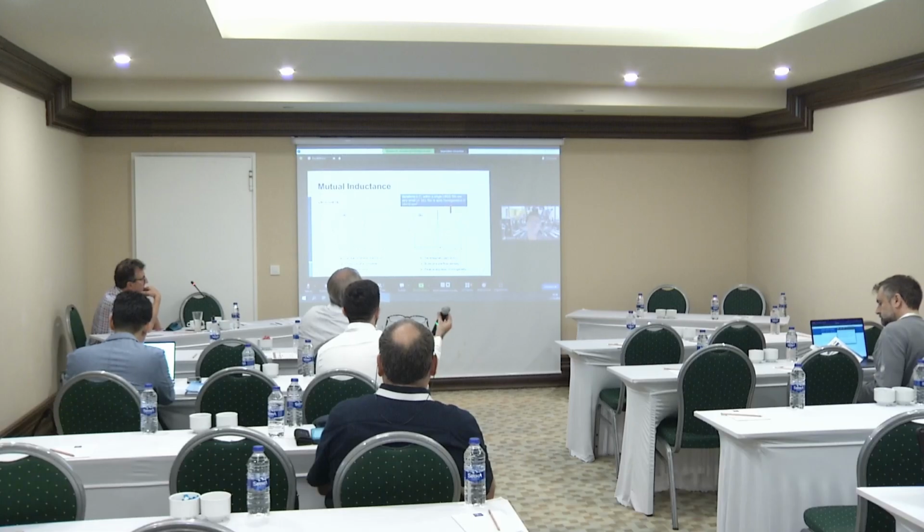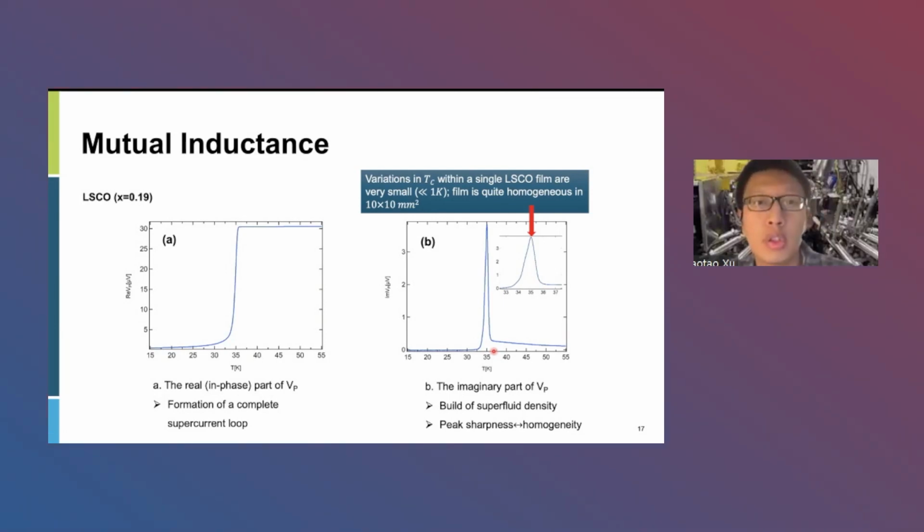The imaginary part, I think, is, what to say, the film is not a perfect insulator. So that's why you still have some response in the imaginary part, because the mutual inductance mechanism is kind of like measuring the complex conductance.